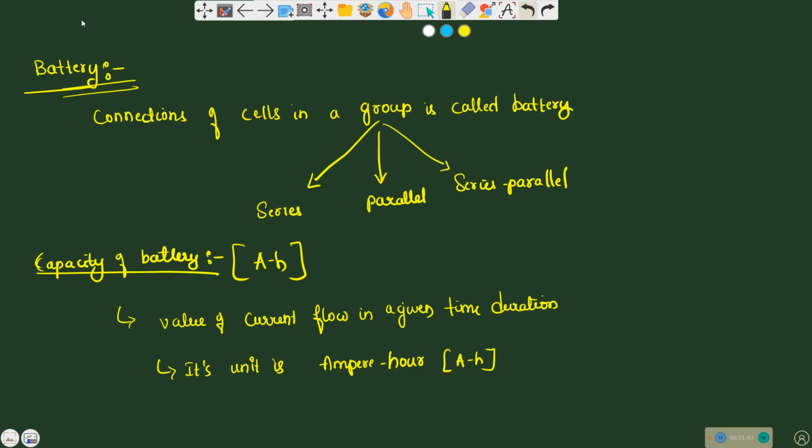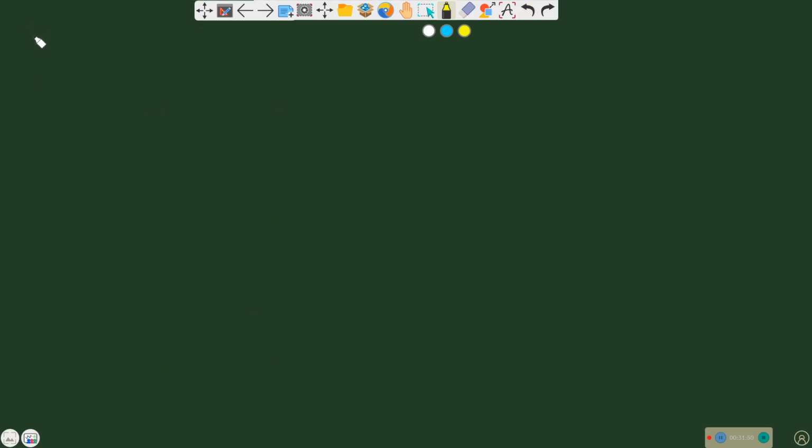So if I talk about efficiency of a battery, what is the efficiency of battery? How is the efficiency of battery measured? Efficiency of battery is calculated with the help of two parameters. What are those?